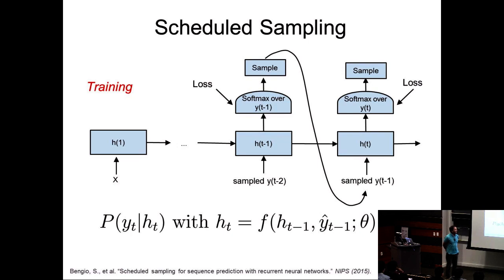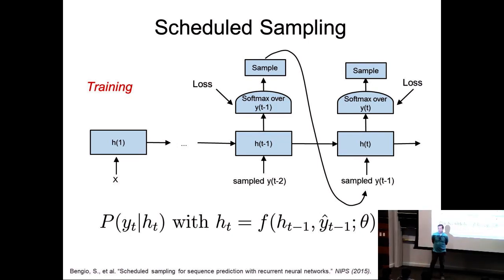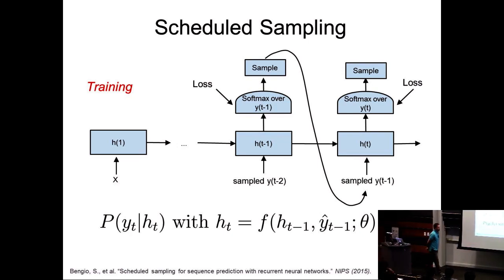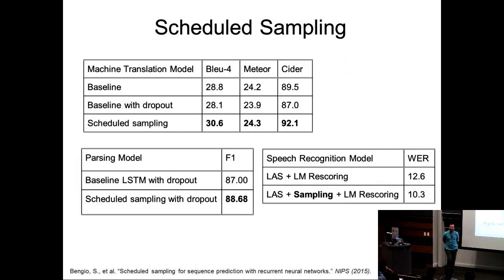What the paper is basically saying is, instead of giving it the ground truth, give it a sampled value from your softmax, and still try to predict the correct answer. There are a few strategies where people say, start with the ground truth, and then eventually replace the ground truth with the hypothesis. So try to mimic at training time what you do at test time.